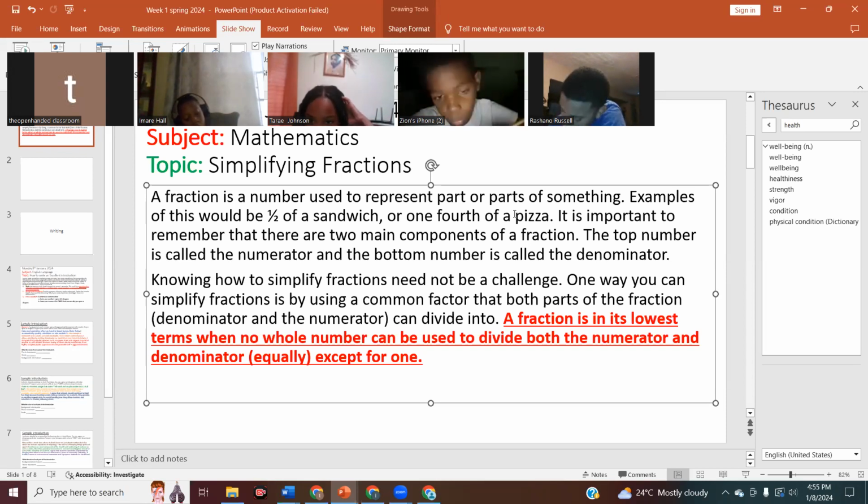Tori, are you writing this down or are you just staring at the screen? Tori Johnson, are you writing this down or are you just staring at the screen? I can't hear you. Tori Johnson, are you there?